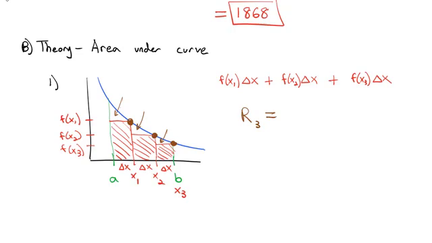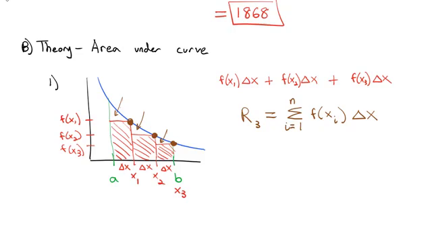To summarize that, you notice we're doing a sum. We're doing a repeated addition. We're going to take the sum as I goes from 1 to n of f of x sub I, whatever the height is of that rectangle we're talking about, times delta x, or times the width, the change in x.